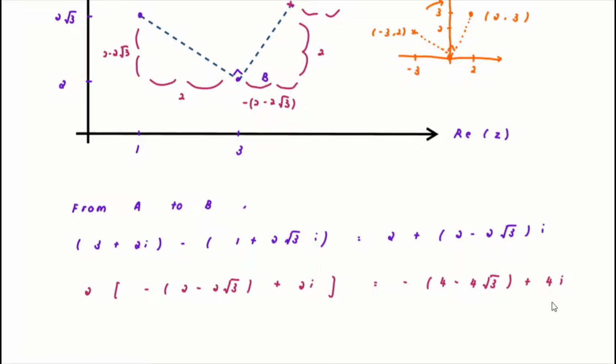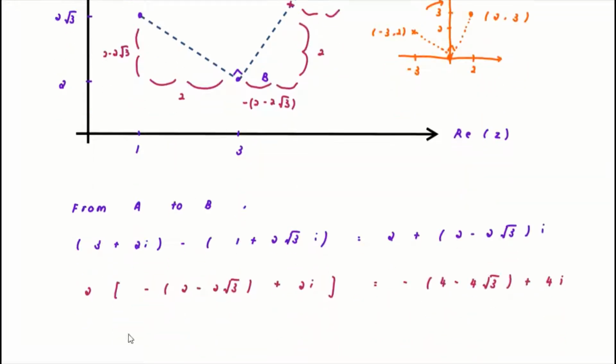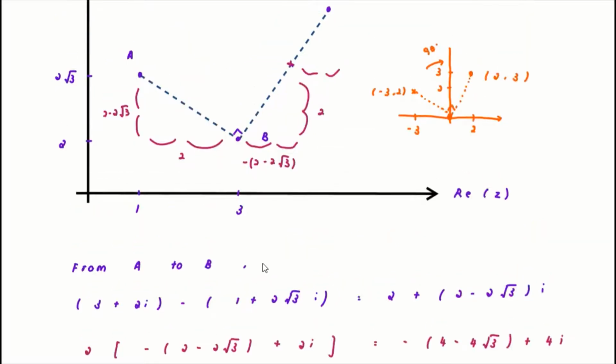Okay, so now let's continue to the next part. So for us to reach this point, we will need to displace negative 4 minus 4 square root 3 and then plus 4 in the y direction. So we might need to use this coordinate, then plus how many we need to displace, then we can get the last answer. So C will be equal to our b. What is our coordinate for b already?